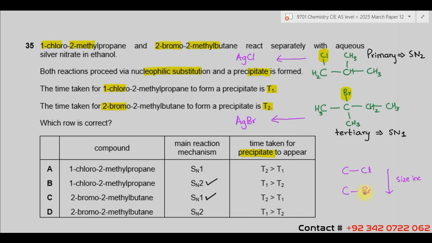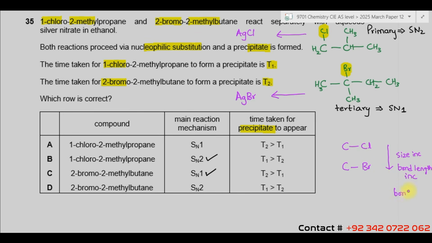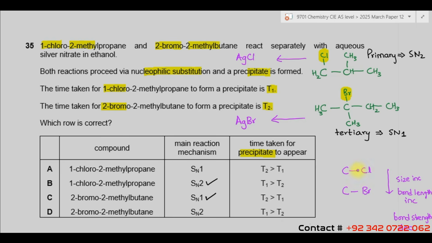From chlorine to bromine, the size will increase. Bond length also increases, but bond strength decreases. So it is easier to break C-Br as compared to C-Cl. Alright, so this is easier and this is difficult.